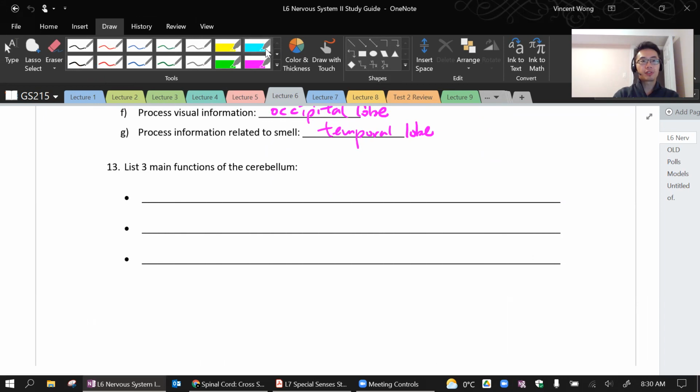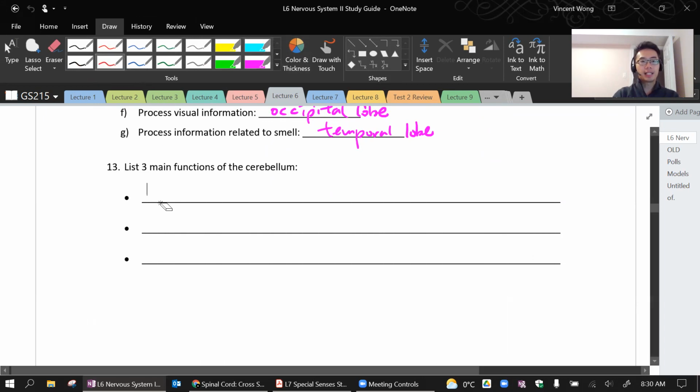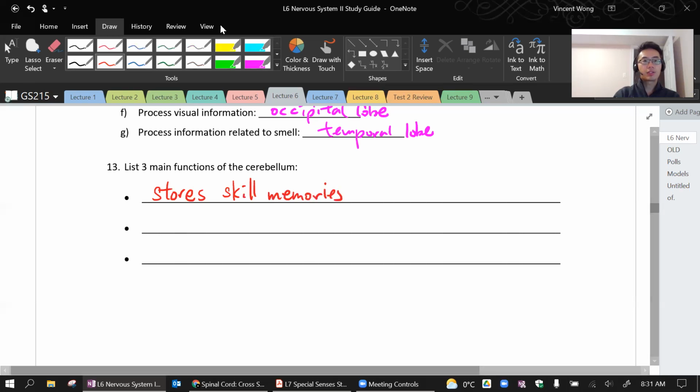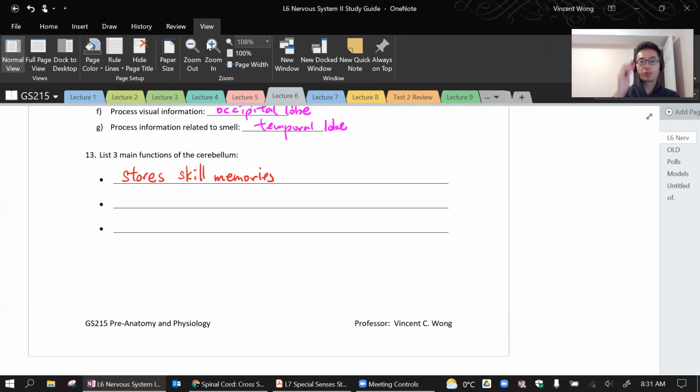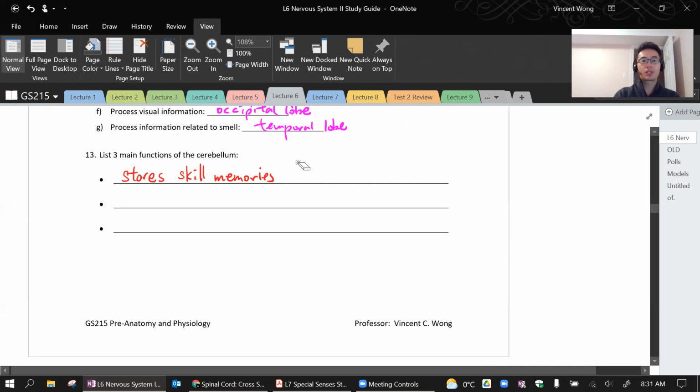The first function of the cerebellum is that it is the location for stored skilled memory. Okay, so things like riding a bike, playing the piano, playing any instruments, typing, all those skill memories are going to be stored in the cerebellum, and those are very, very persistent.